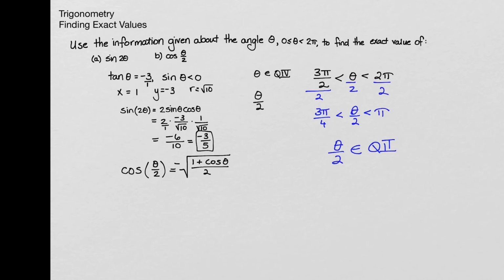All right, so I have minus the square root of 1 plus, and cosine theta was 1 over the square root of 10. And I take this all and put it over 2. And I can multiply the top and bottom by the square root of 10.